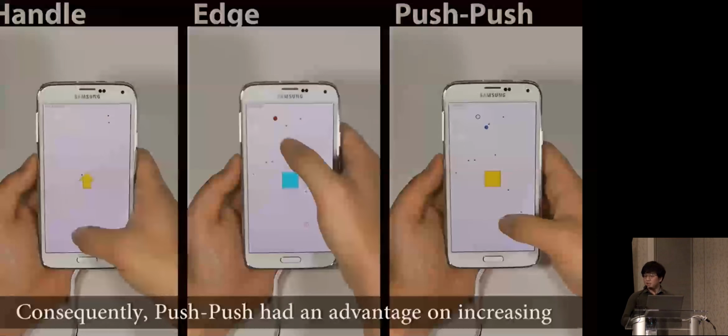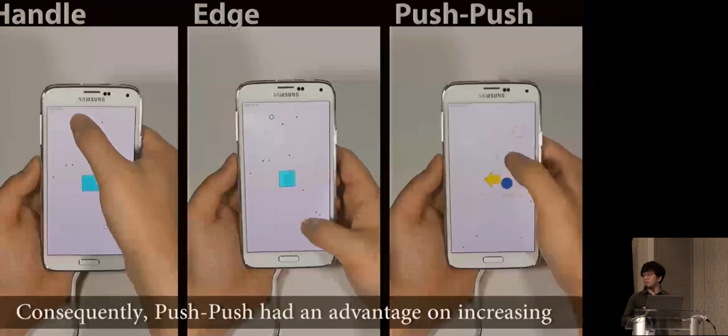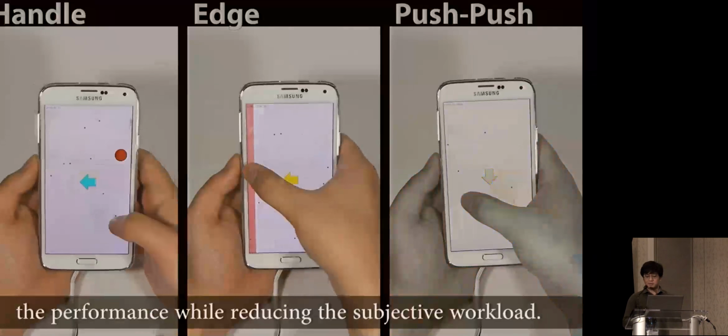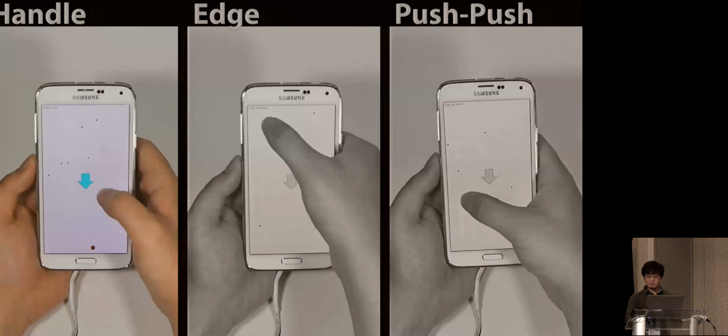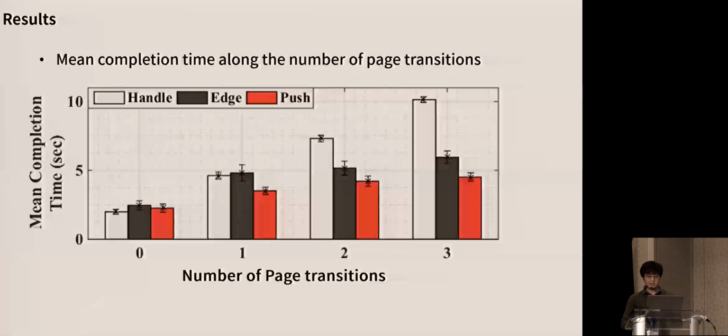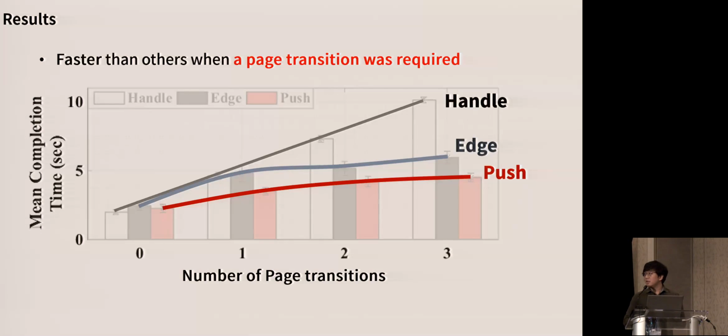This video briefly shows the experimental result. Using push-push has an advantage on performance and subjective opinions from participants, and I will discuss the details. For the mean completion time along the page transitions, push-push was faster than other techniques when a page transition is required.